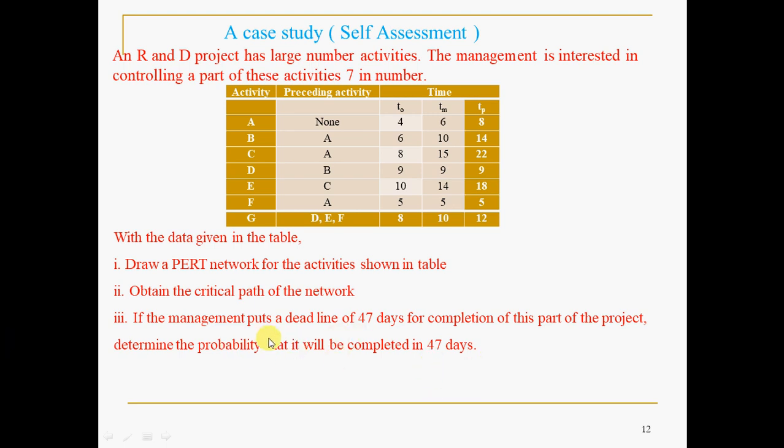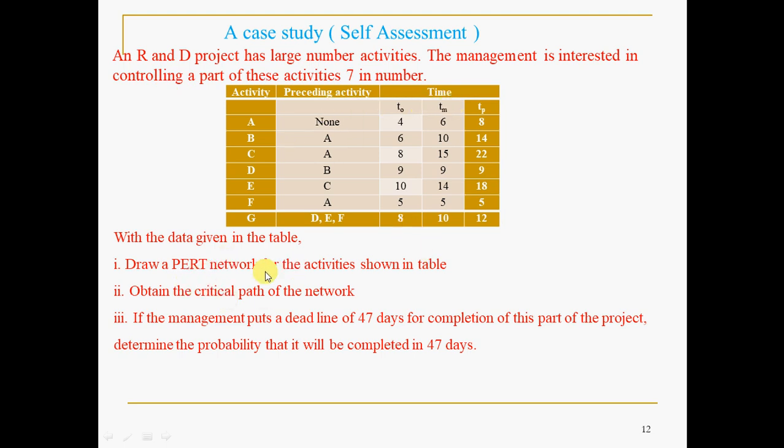Please try to understand this as a case study, not like the problems we discussed earlier. Of course, based on those problems and concepts, you have to tackle this case study. The R&D project has many activities, but they are interested in controlling these 7. Precedence relationships and time estimates are given.